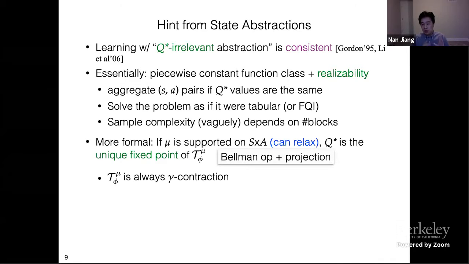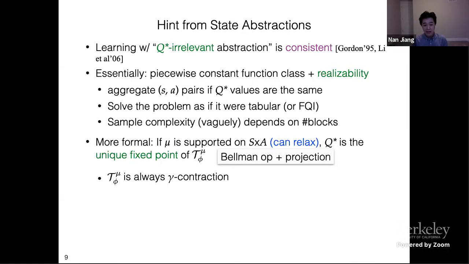Okay, so more formally, you can say something like this, where if I have data that is fully supported on the state action space, then Q star would be the unique fixed point of the projected Bellman update operator, where this T_Pμ is the combination of first doing a Bellman update, then projecting back to the piecewise constant function class.